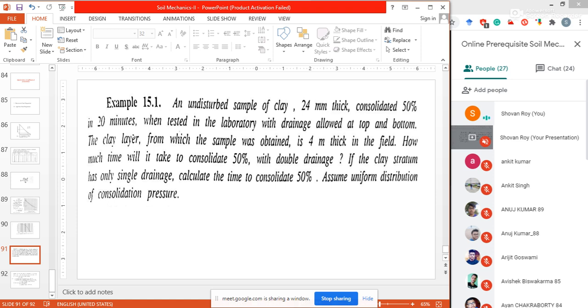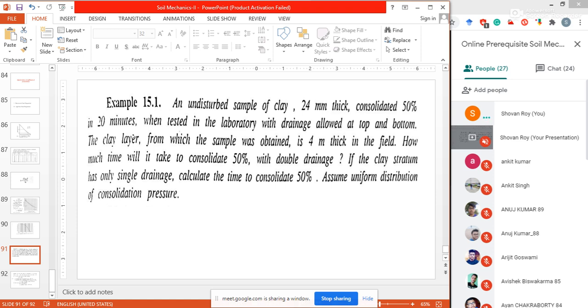When drainage is allowed at top and bottom, that is double drainage. We are allowing drainage from both sides, top and bottom. Our sample thickness is 24 mm and it consolidates 50% in 20 minutes. This is the rate of consolidation. 50% consolidates in 20 minutes.